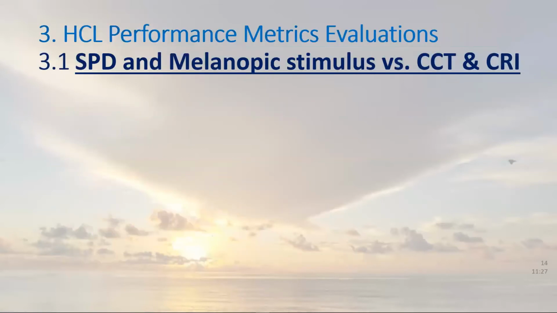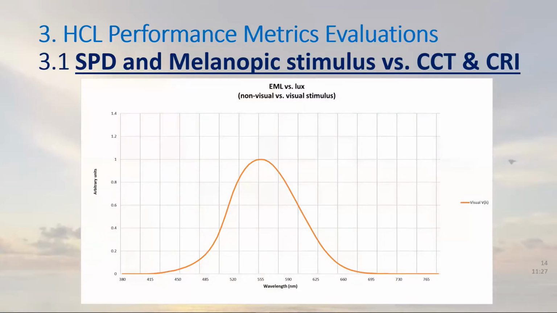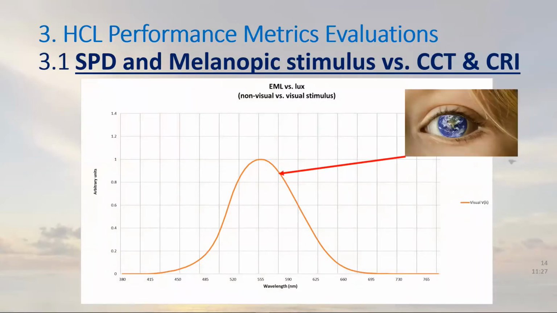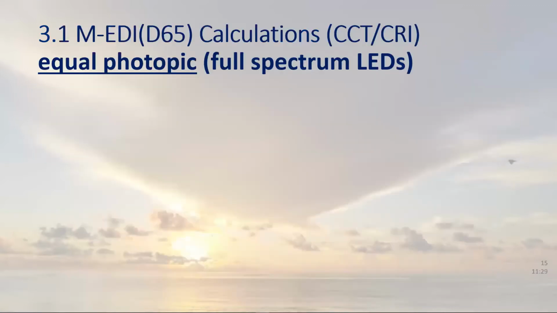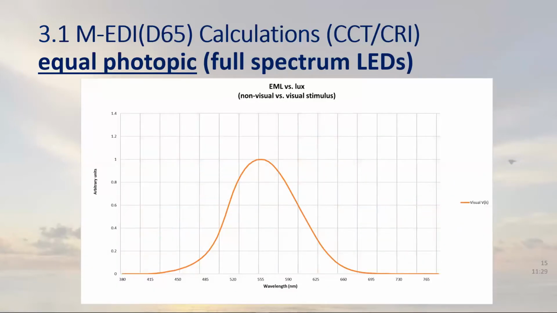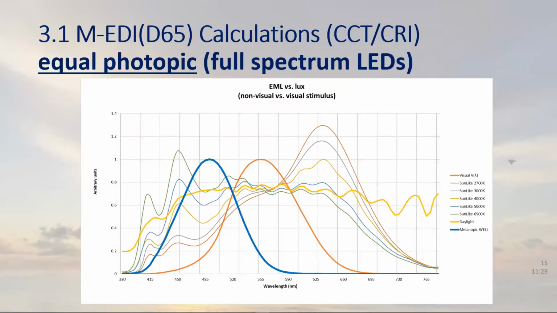So if we go here, as we have discussed, we have V lambda for the visual, and we have the melanopic for the non-visual. And going into full spectrum LEDs, this is what we get if we plot the SPDs. And we can see that for an equal photopic condition, this is what we get for 2,700, 3,000, 4,000, 5,000, 6,500, and daylight.